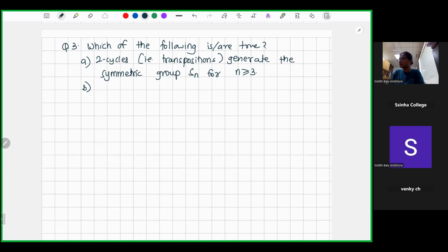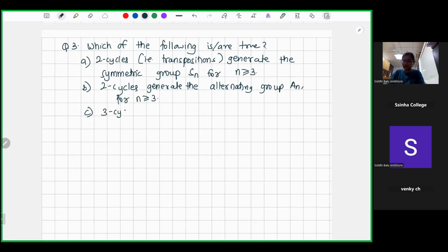B, two cycles generate the alternating group An for n greater than or equal to 3.